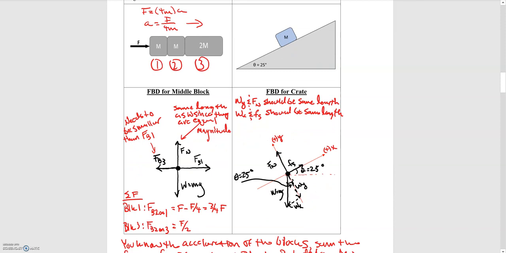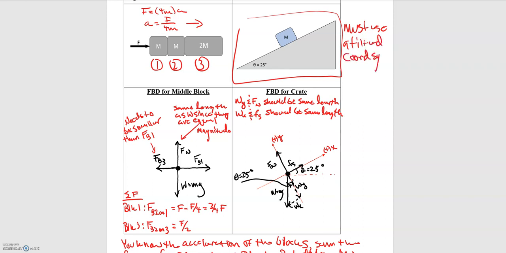One thing that I'll point out for this scenario here: we have motion that's along an incline or a decline. Do we use our standard coordinate system? So we must use a tilted coordinate system because the motion is along the incline.